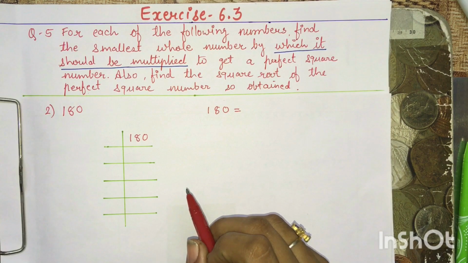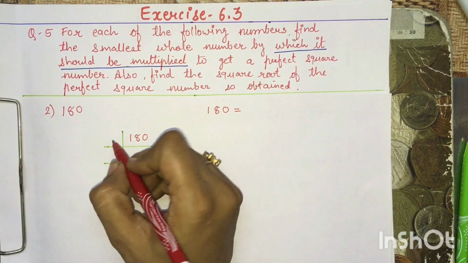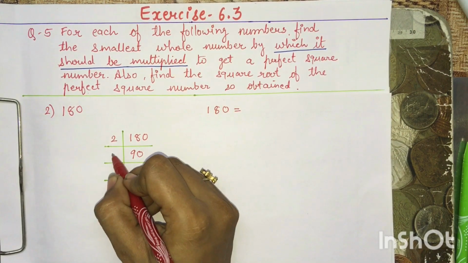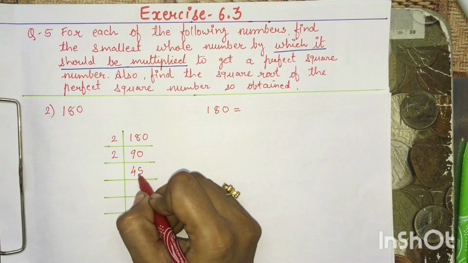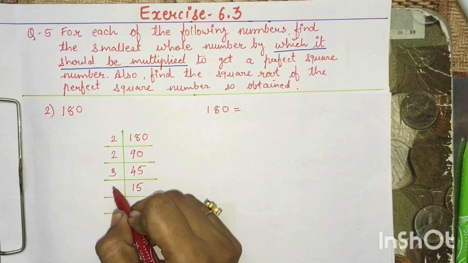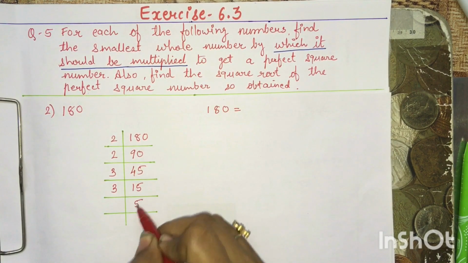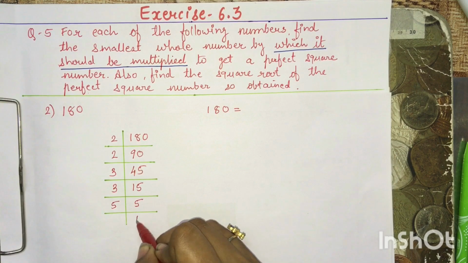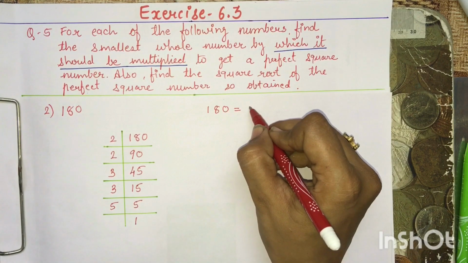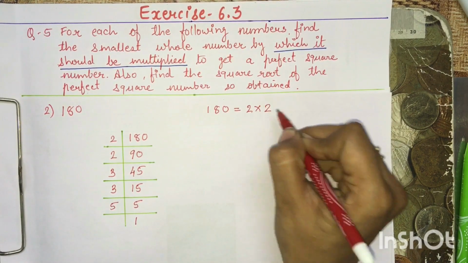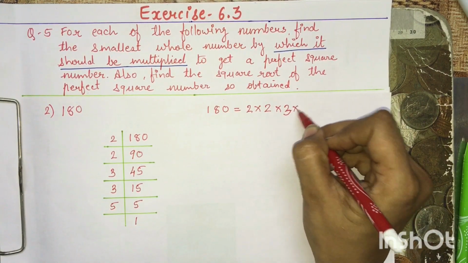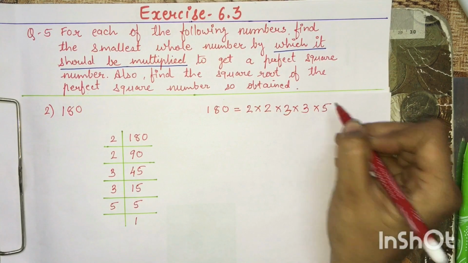First finding the prime factors of 180, that is 2 into 90, then 2 into 45, then 3 into 15, 3 into 5, 5 into 1. So now I'll write the prime factors, that is 2 into 2 into 3 into 3 into 5.